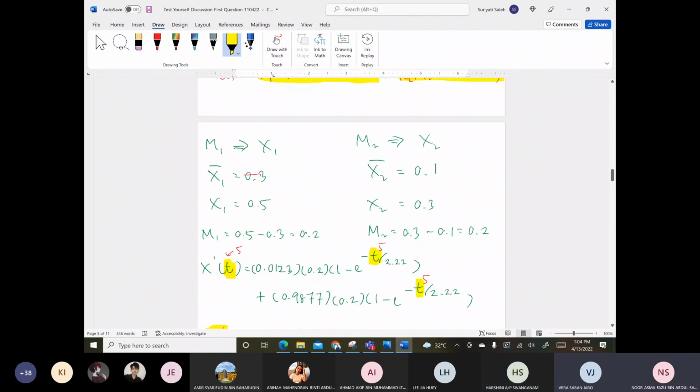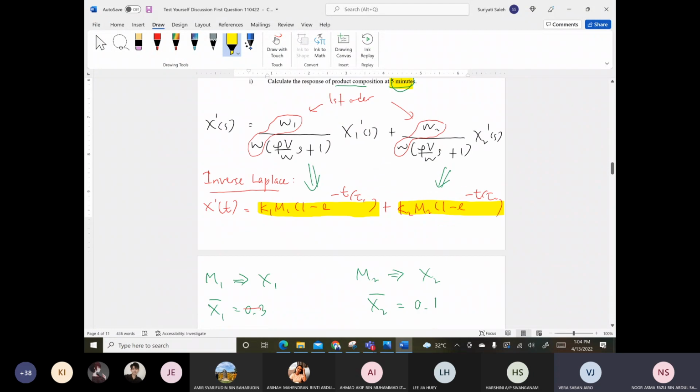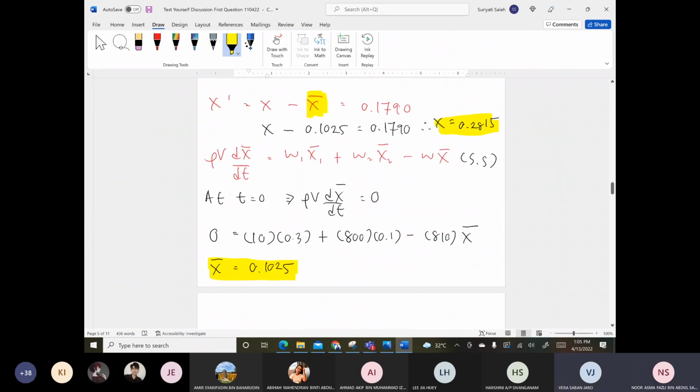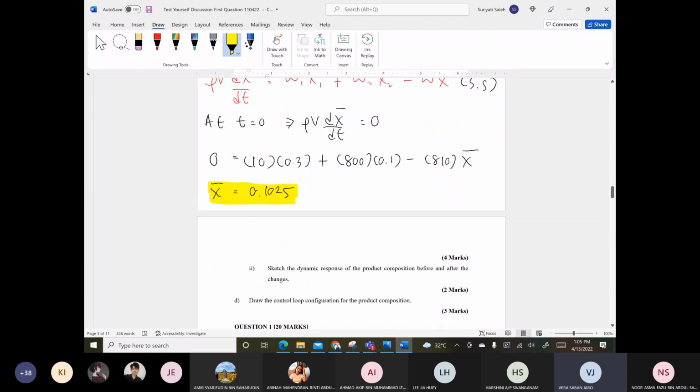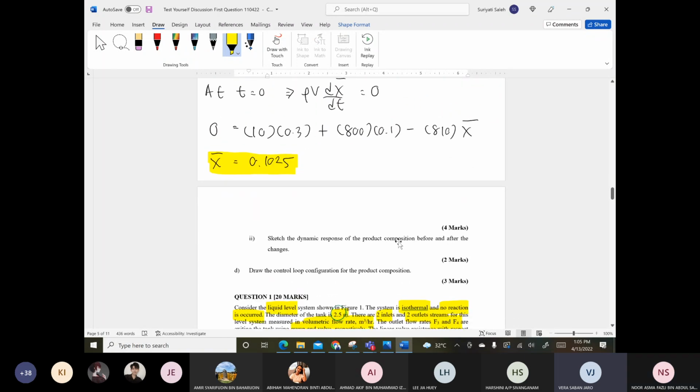Based on the previous class, we already completed the calculation of the response of the product composition at 5 minutes. So at 5 minutes, we have the following answer, where x is equal to 0.2815. So in this case, sketch the dynamic response of the product composition before and after the changes.